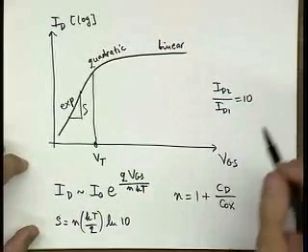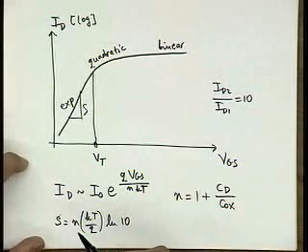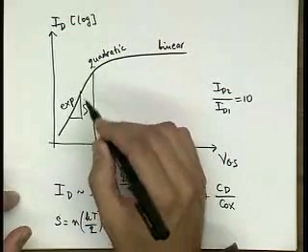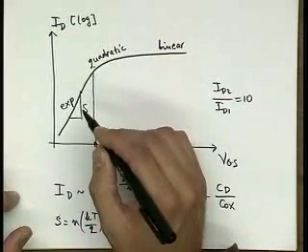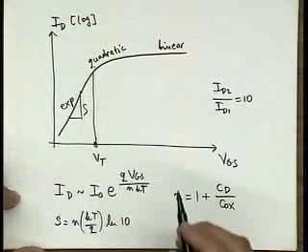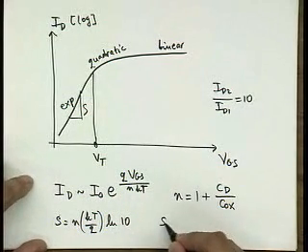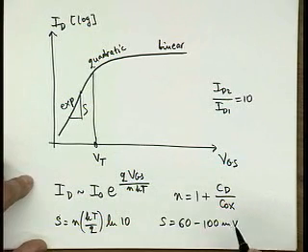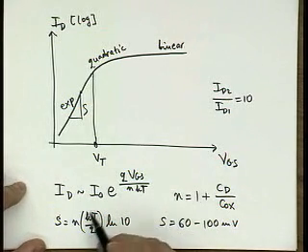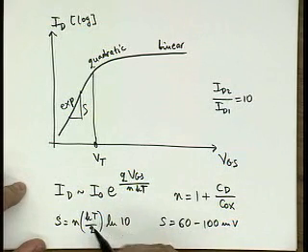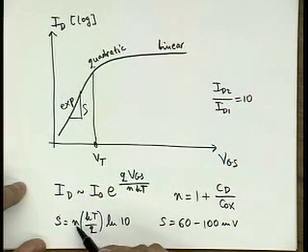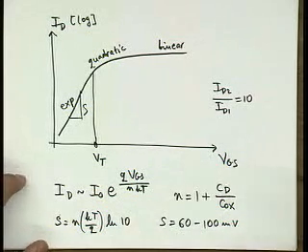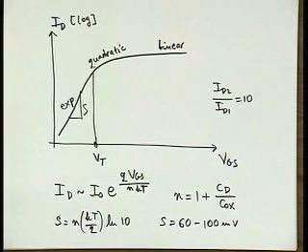This slope is normally expressed in millivolts on the voltage axis for a decade of change in current, so a 10x change. Typical values for this sub-threshold slope are 60 to 100 millivolts. At room temperature, this KT over Q factor is 26 millivolts, and then you multiply it by this factor, which typically ends up in this range. It's about 90 millivolts per decade.